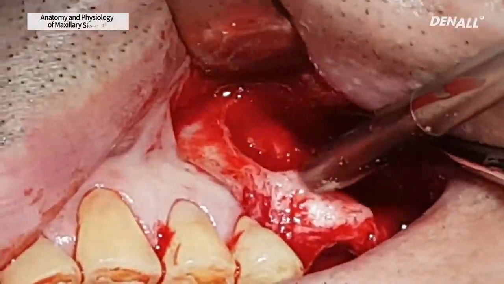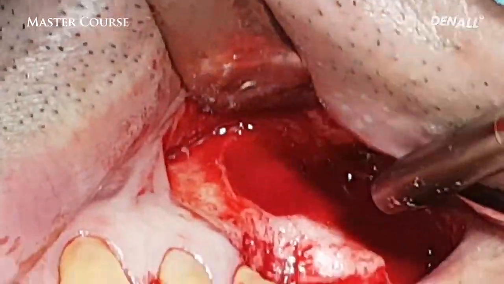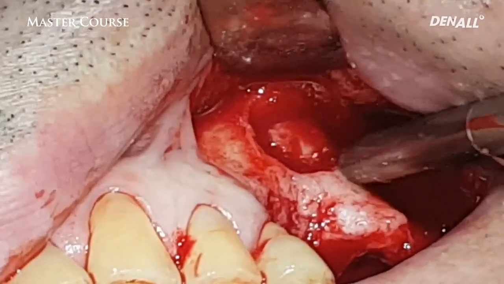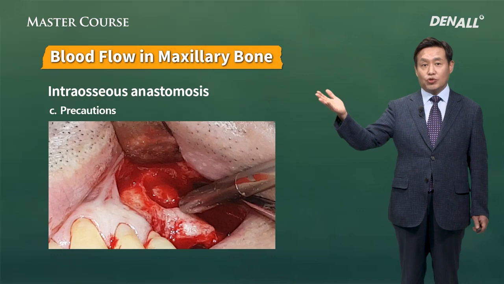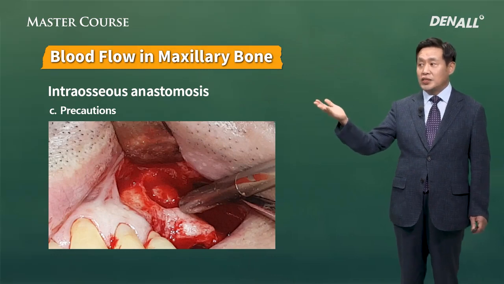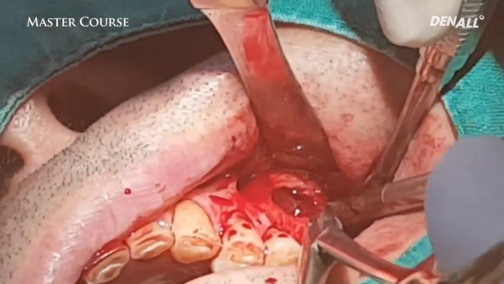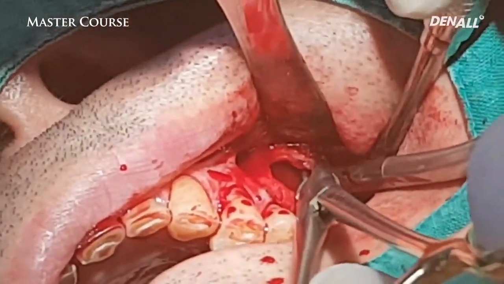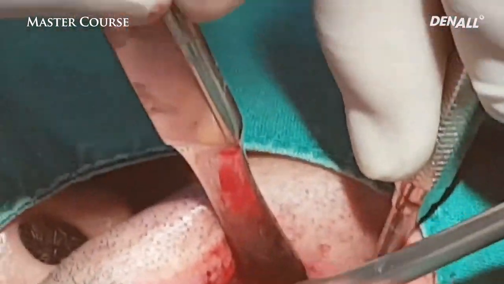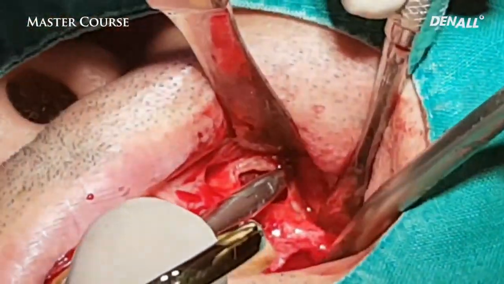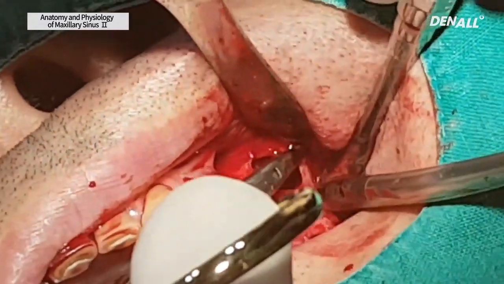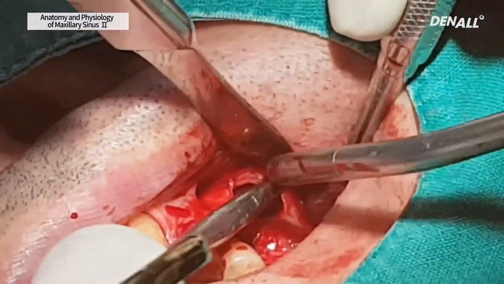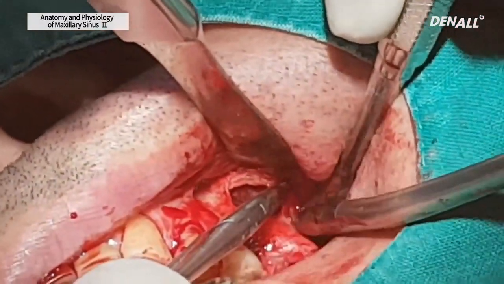I talked about the intraosseous anastomosis. You can see the bleeding occurs from the infraorbital artery. After stopping the bleeding in the front, you can see distal bleeding as well. This is anastomosis, because in the front side the infraorbital vessel is stopped from bleeding, but you can still see the distal bleeding.